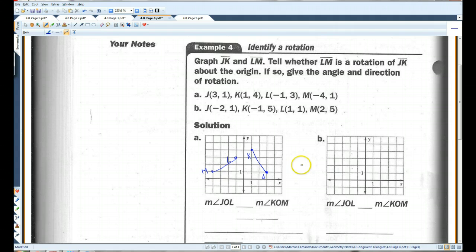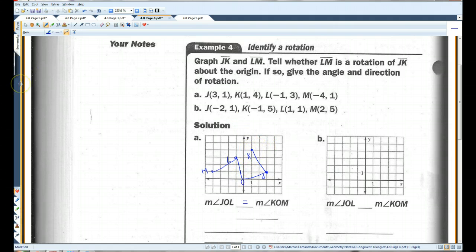Alright, so if you look, you can kind of tell just because this is 3 and this is 2, this is 3 and this is 2, that these angles are going to be equal. Let's see here. If this is O, the measure of angle JOL equals the measure of angle KOM.